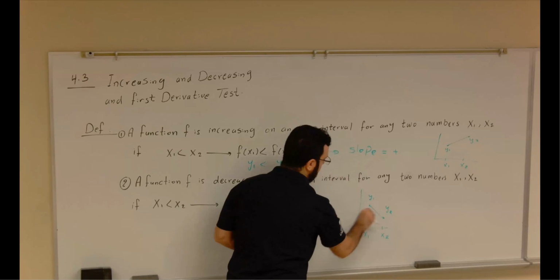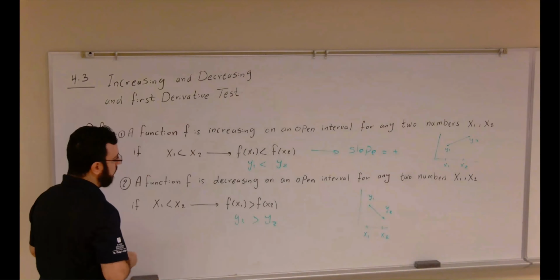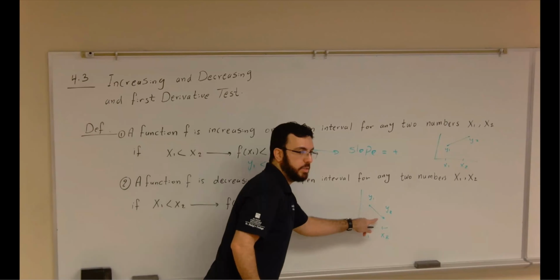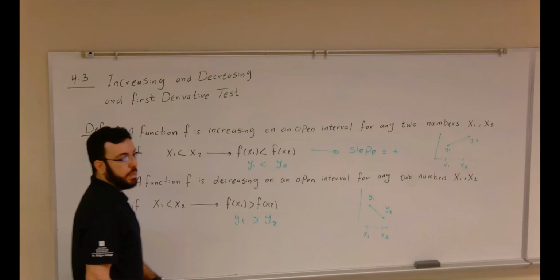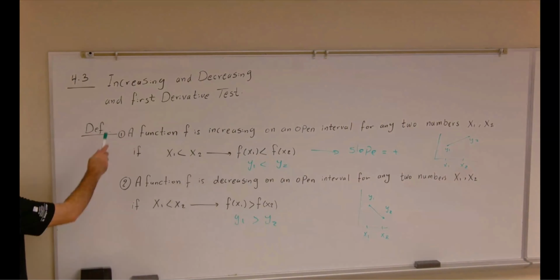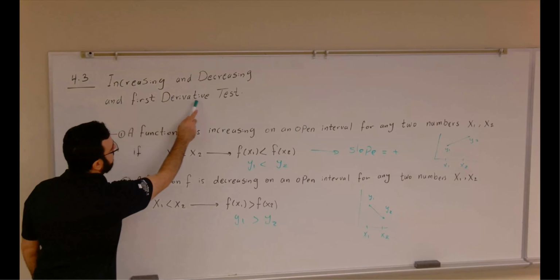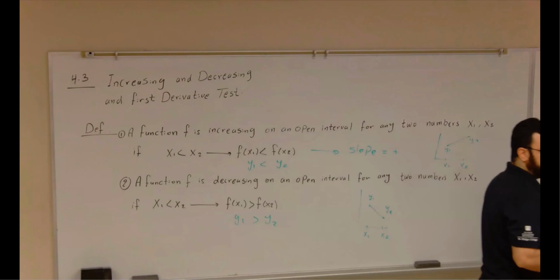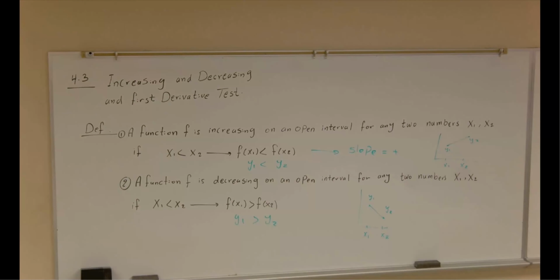So the function is decreasing, or the slope is going to be negative. The slope for this one is going to be a negative number. But again, we need to use the first derivative test to find the increasing and decreasing, okay? Because next section, we're going to use the second derivative test to find where the function is concave up or down.